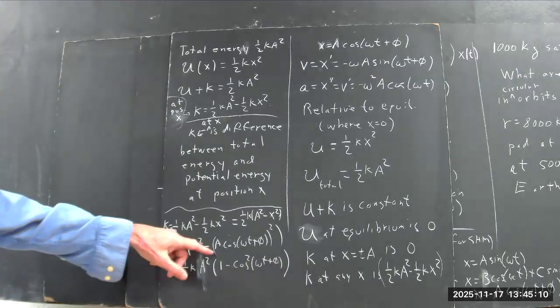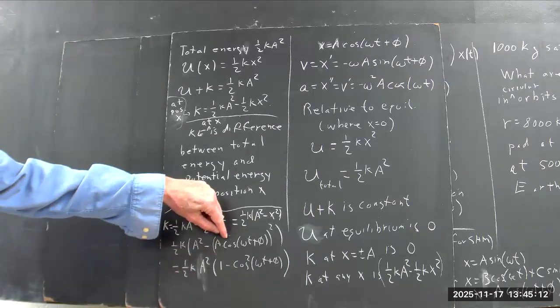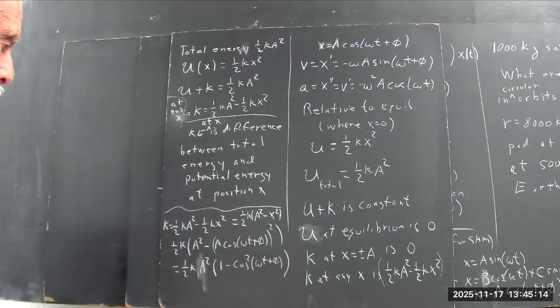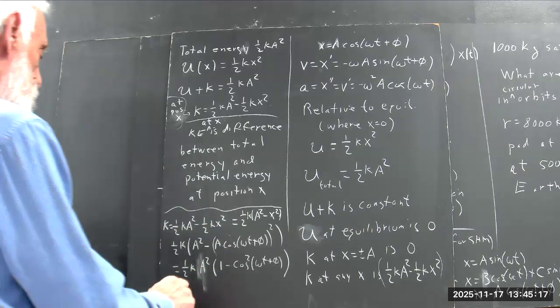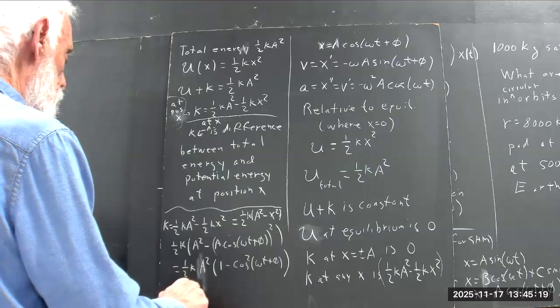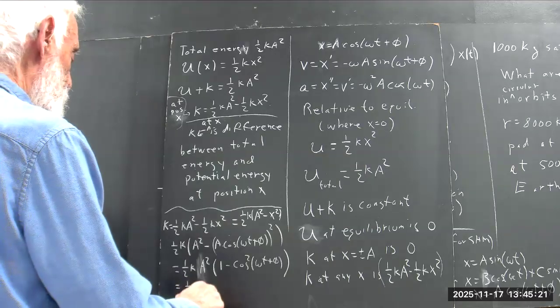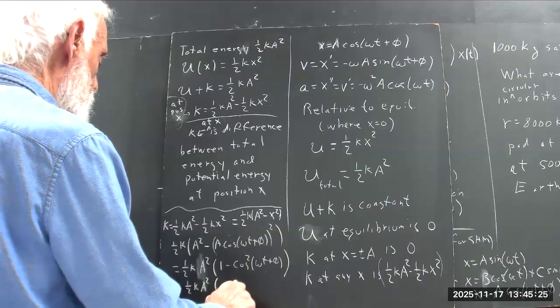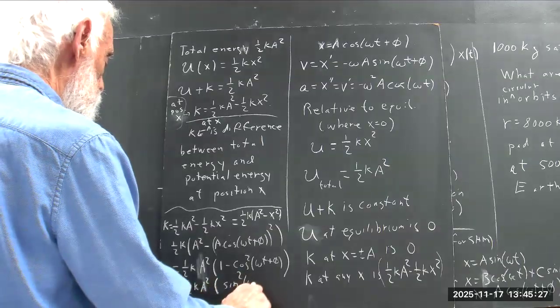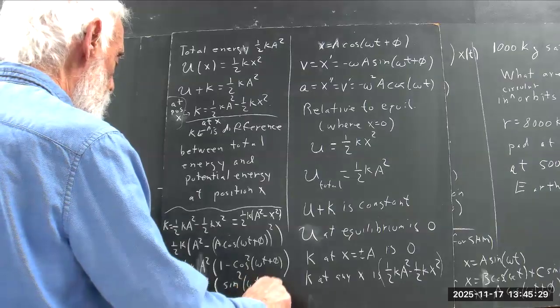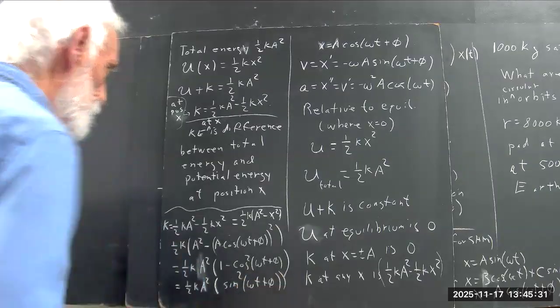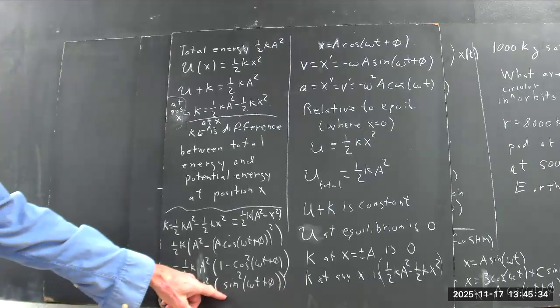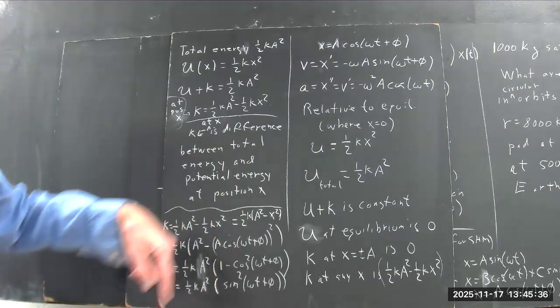We can factor out an A squared after squaring this. We'll have an A squared, we'll have a cosine squared omega t plus phi. So, putting that out, and that's 1/2 K A squared. Well, 1 minus cosine squared is a sine squared, right?